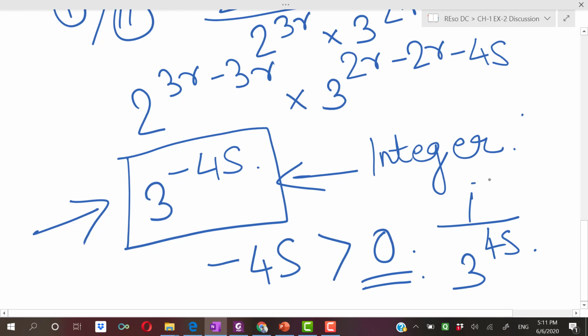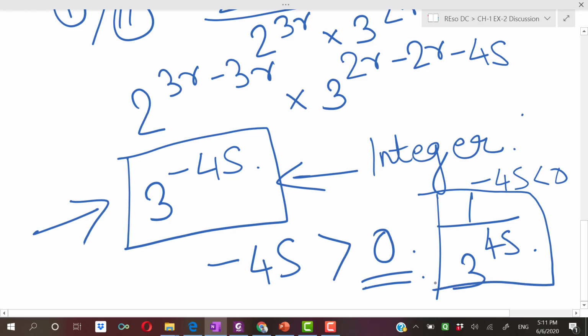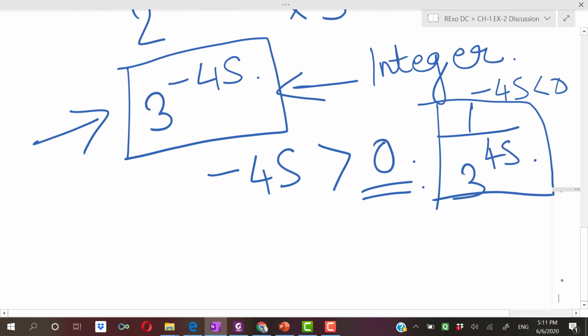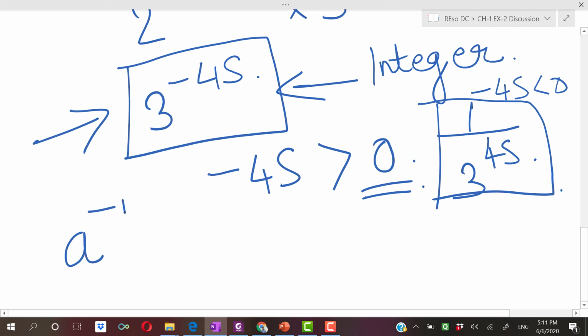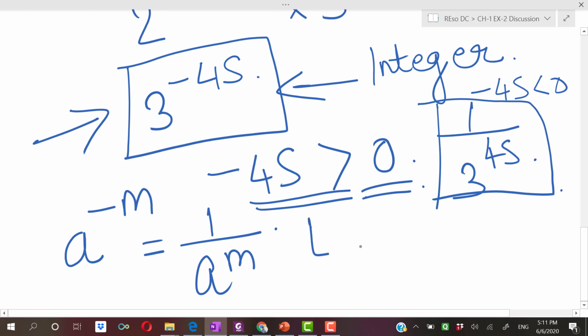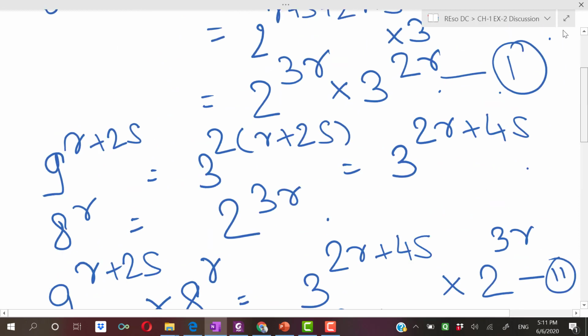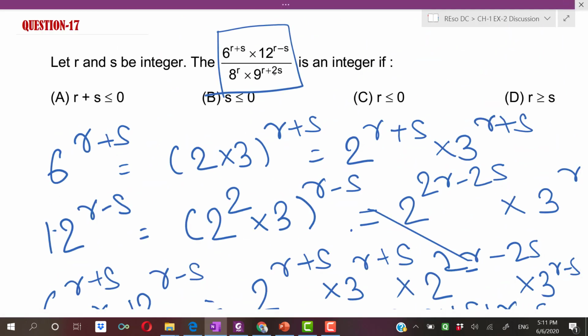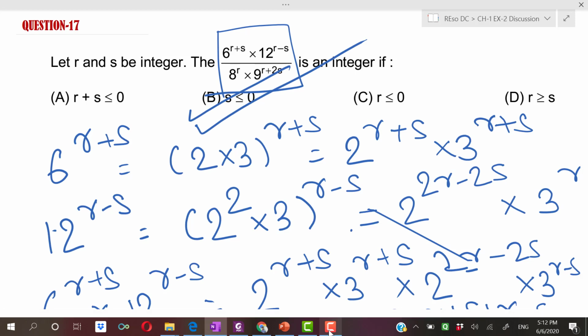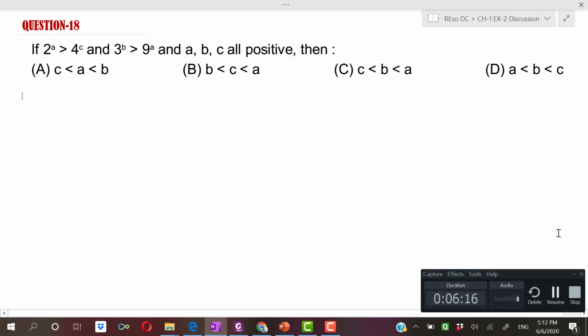Why did I say this? Because I told you an identity, a raised to the power minus m is equal to 1 upon a raised to the power m. So my minus 4s should be greater than 0. That means my value of s should be less than 0. So the correct answer of this question will be option number B. This is how you were required to solve this question.